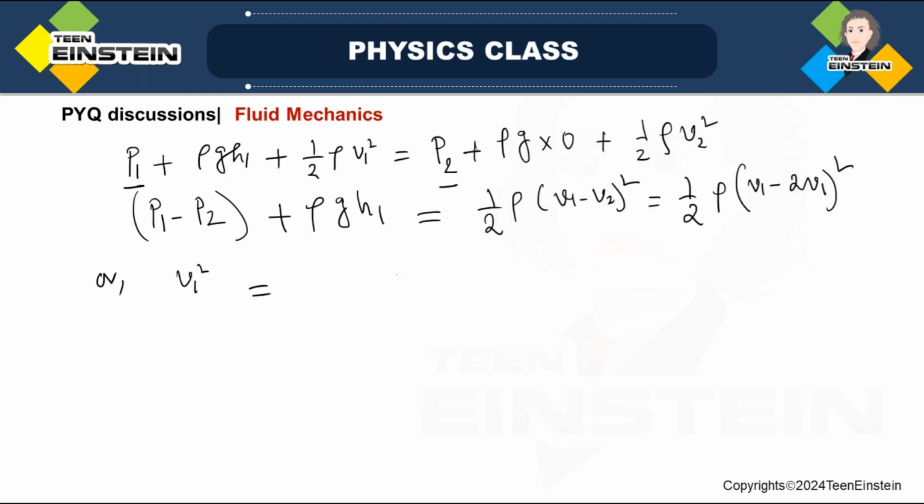4100, so pressure difference is that. So V1 square from here, then I get 2 by rho whole into P1 minus P2.